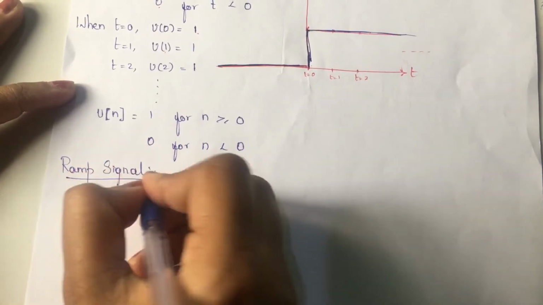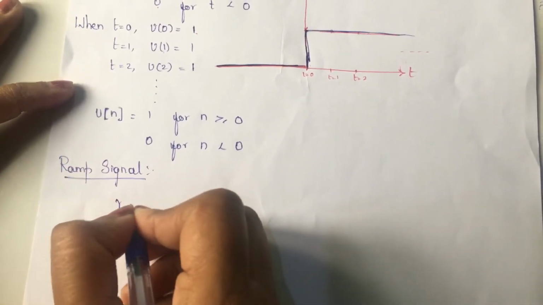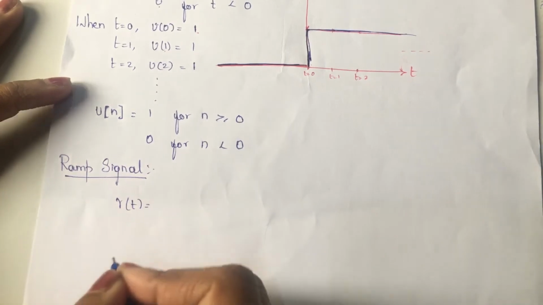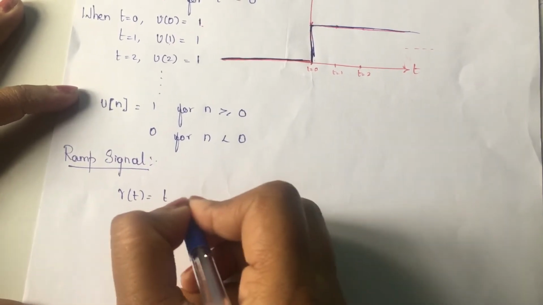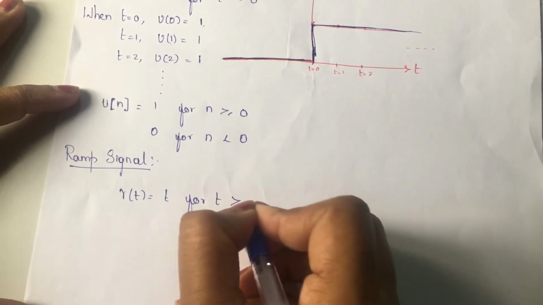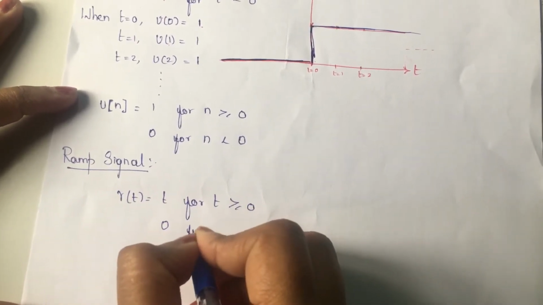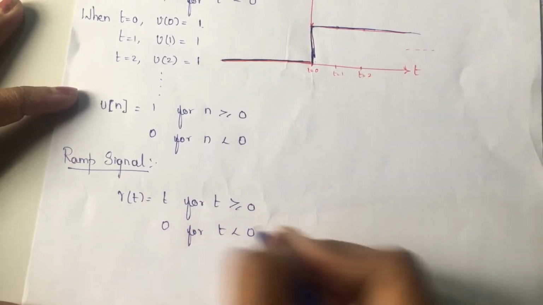We will give the name r of t to the ramp signal. r of t is equal to t for t greater than or equal to 0, and the function becomes 0 for t less than 0.